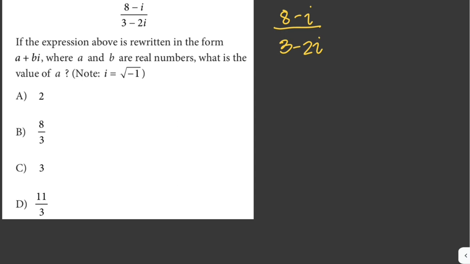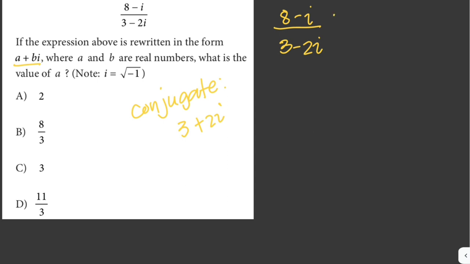And to rewrite this expression in the standard form a plus bi, we just have to multiply both the numerator and denominator by the conjugate of the denominator, which is 3 plus 2i.